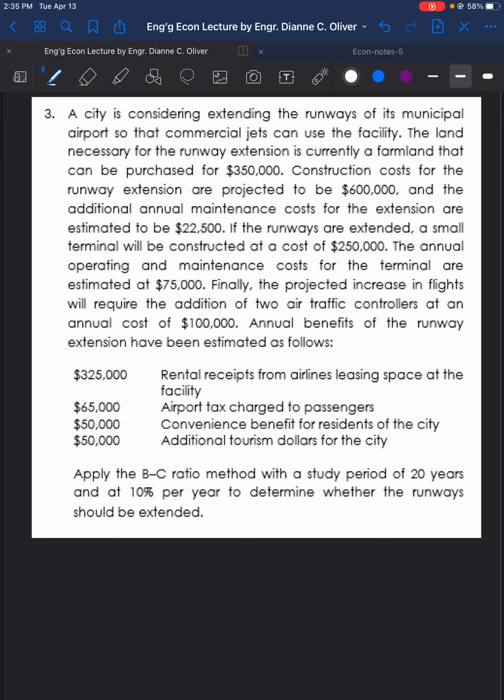So there is a city considering extending the runways of its municipal airport so that commercial jets can use the facility. The land necessary for the runway extension is currently a farmland that can be purchased for $350,000.